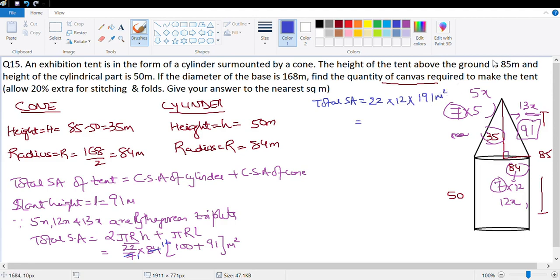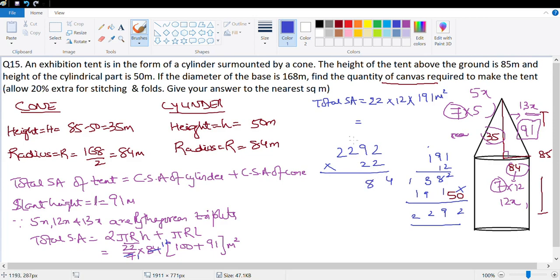Now we'll have to do a long calculation. 191 into 12, 2, 9 into 18, 3. That's 191. This is 2, 9, 9 plus 3, 12. That's 2292. Next, 2292 multiplied with 22. That's 4, 9 into 2, 18. 4 plus 1, 5, 4.